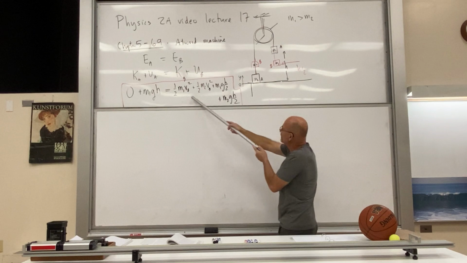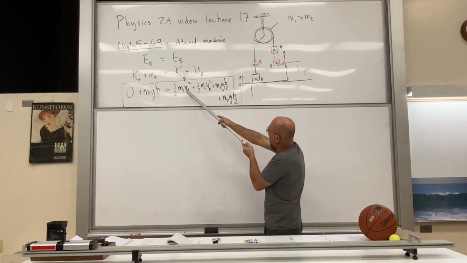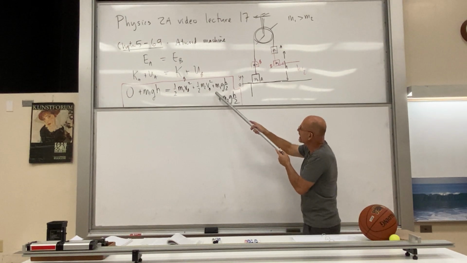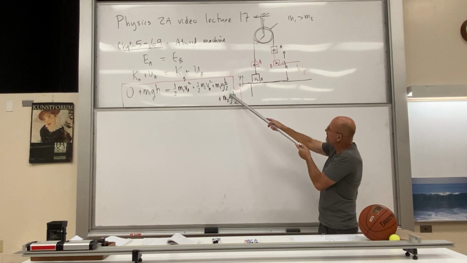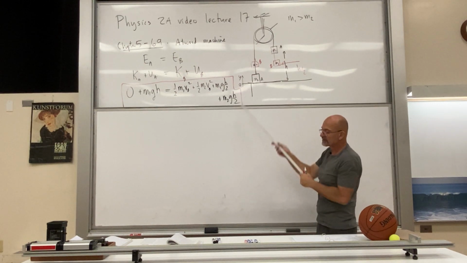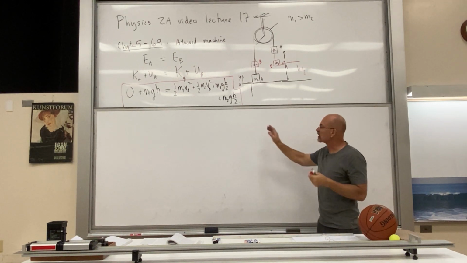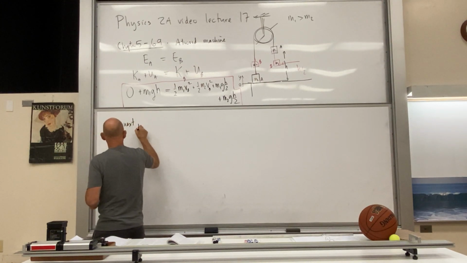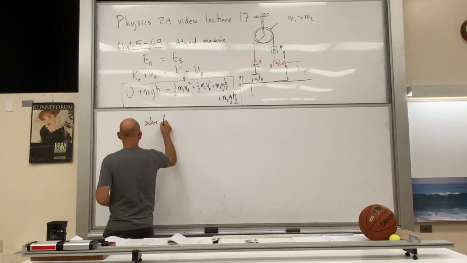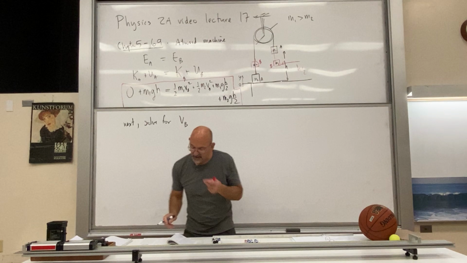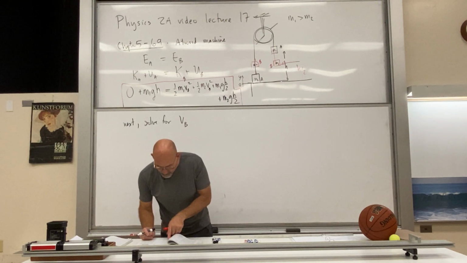When they were both moving, they both had kinetic energy, different masses but the same speed because they're connected by a string, and the potential energies are M1G half the height, M2G half the height. So we just set that equation up, and next, solve for V sub B. Don't plug any numbers in.